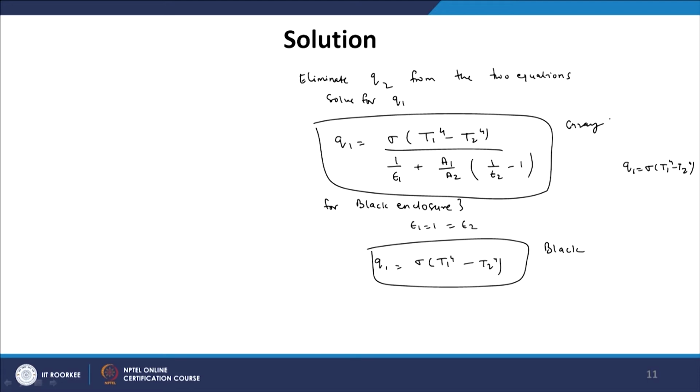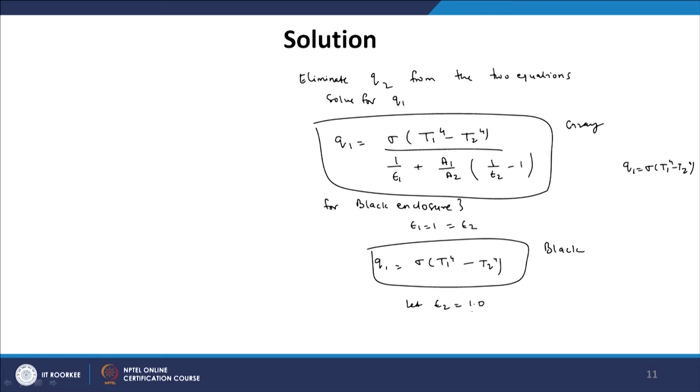Okay. So, now one can find out the magnitude of the denominator and see what is the effect of this gray emittances on the heat transfer between the two spheres. Okay. So, just to see the effect of the gray emittances, let epsilon 2 is equal to 1.